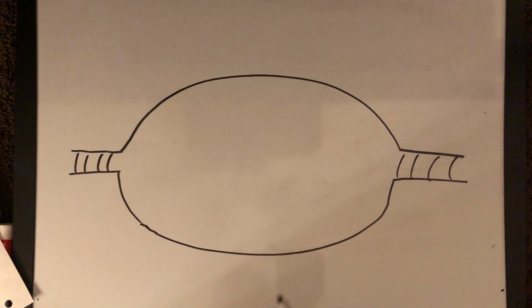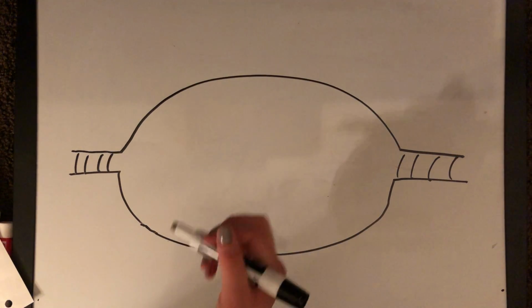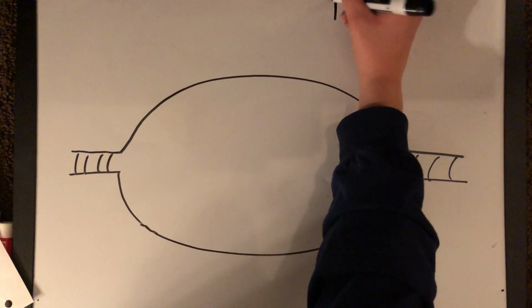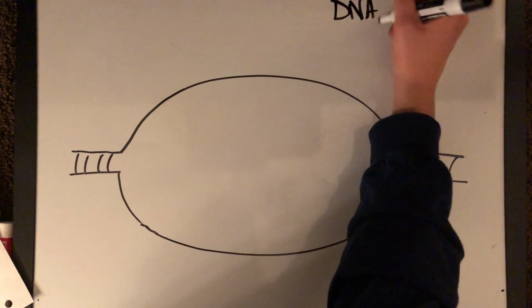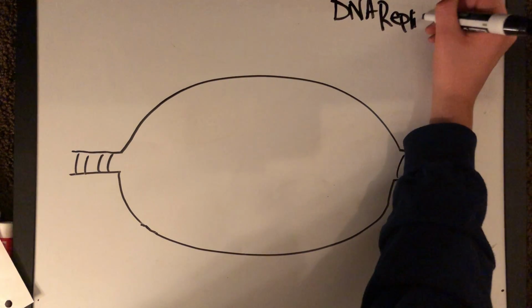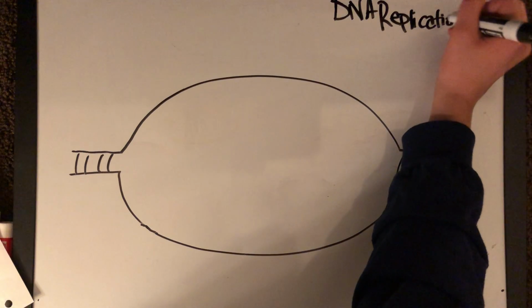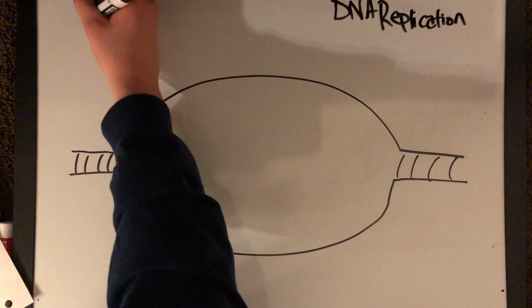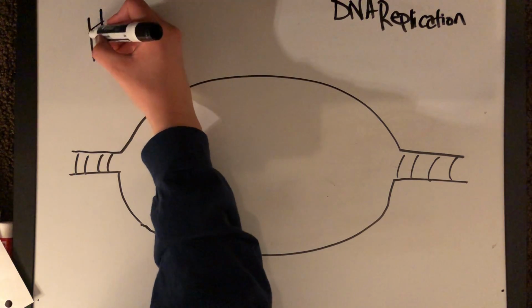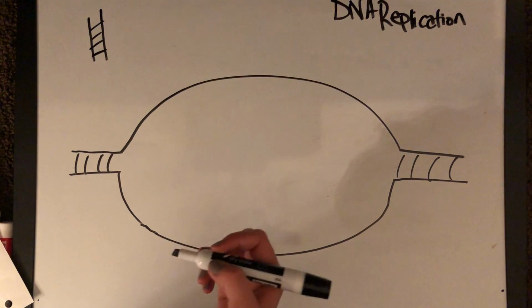Okay, so something to look at first, just like big picture, is let's write this first. DNA replication, obvi. Okay, so we have one good full strand of DNA.